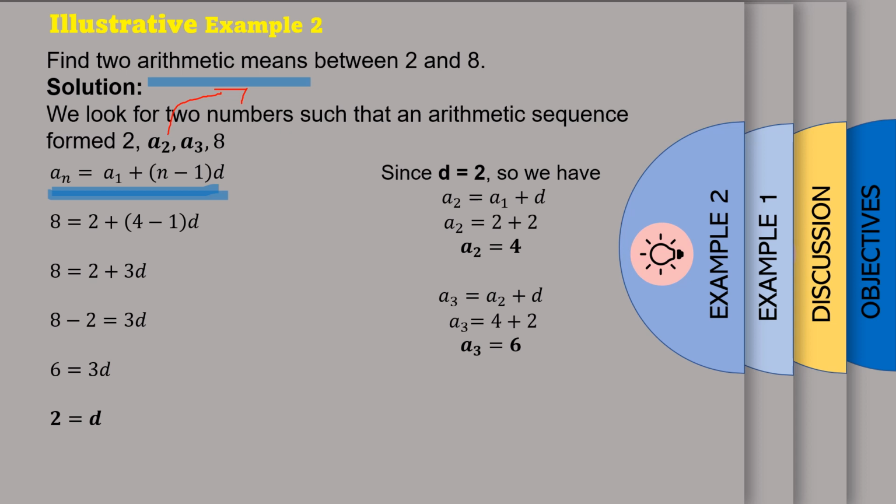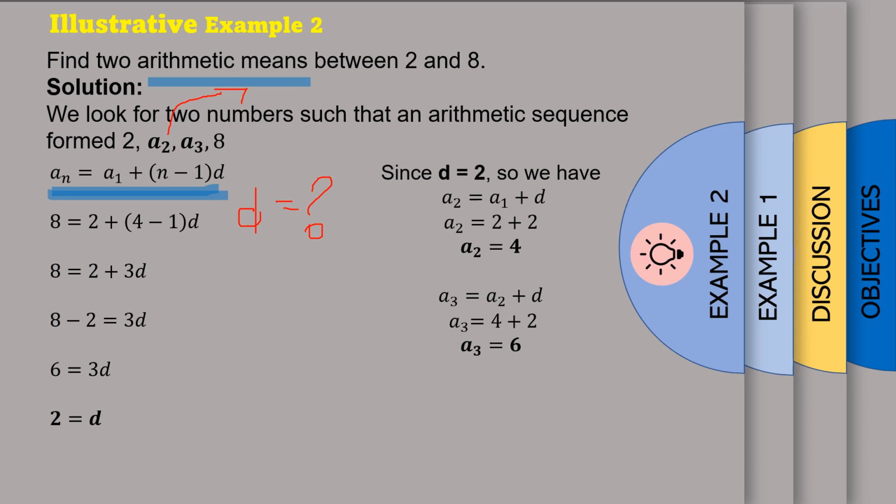But this time, the value we will find is different. Okay? What value are we looking for here? What is the unknown here? Correct. Our unknown is the value of d, or the common difference. We can't get it directly because we don't have consecutive terms. Okay? Because 2 and 8 are non-consecutive integers.